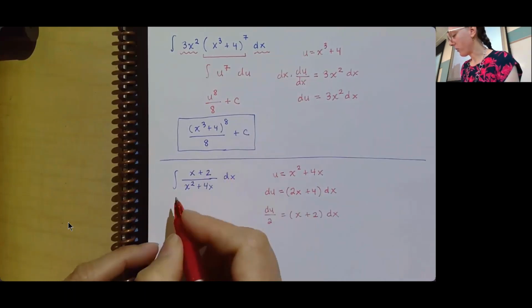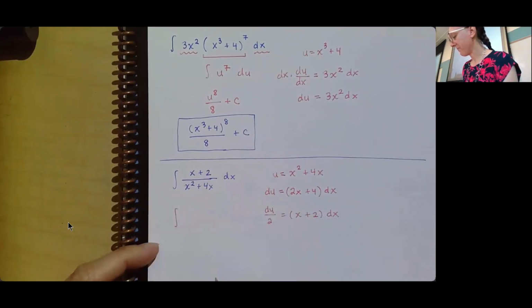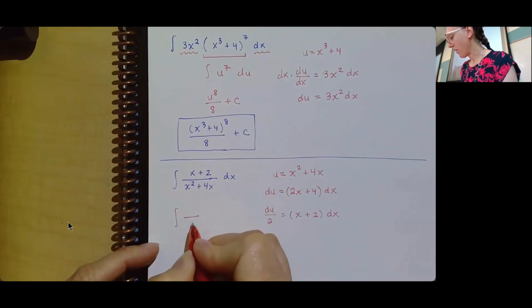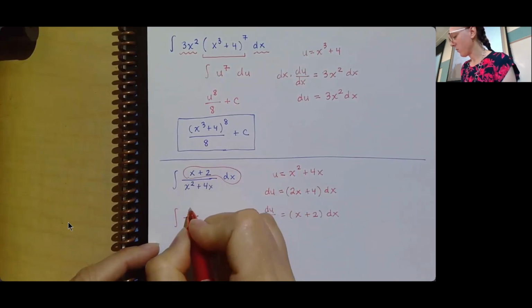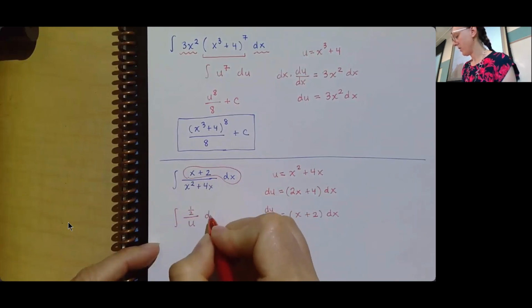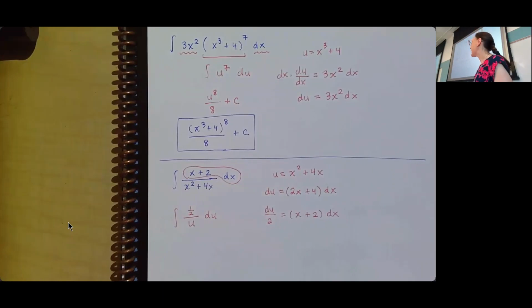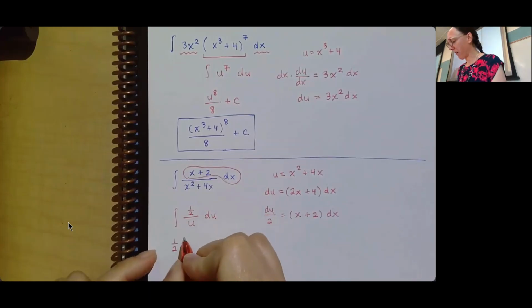Which means that when I go to translate this, I have a u on the bottom, but all of that stuff on the top is a 1/2 du. And it's up to you if you want to put the number out in front or not. I kind of prefer to put the number out in front to say that that's 1/2 of 1 over u du.